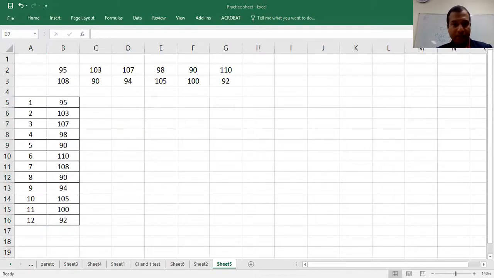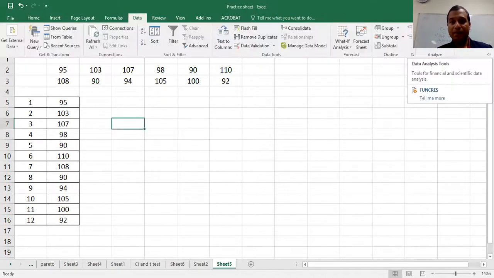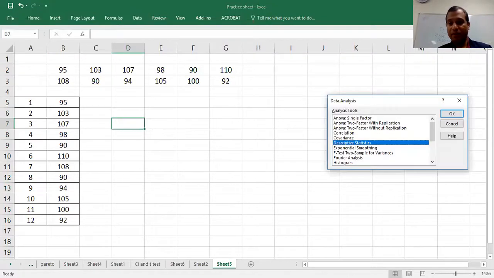So the next step is descriptive statistics. Go to the data tab, and on the right extreme on the top you have data analysis. Just click that. One window will pop up.